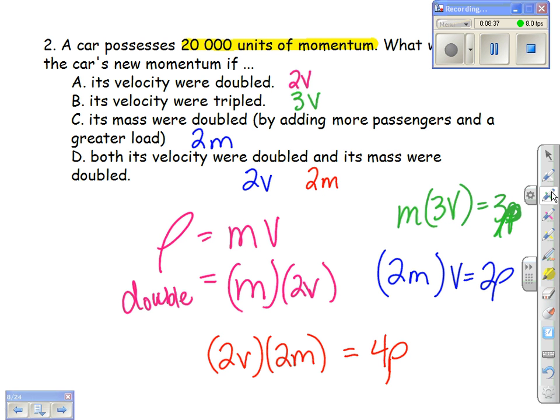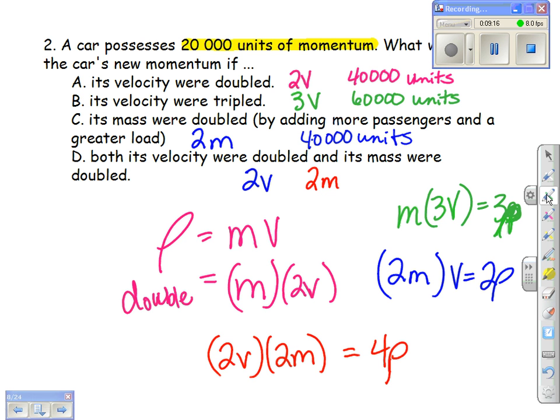All right. So again, if I had 20,000 units of momentum on this first one, it would now have been 40,000 units of momentum. On B, we would have had 3 times as much, so that would have been 60,000 units. And on C, it would have been 40,000 units.